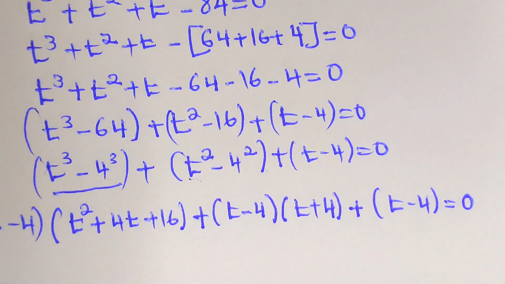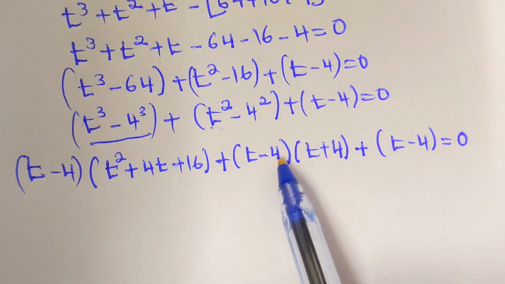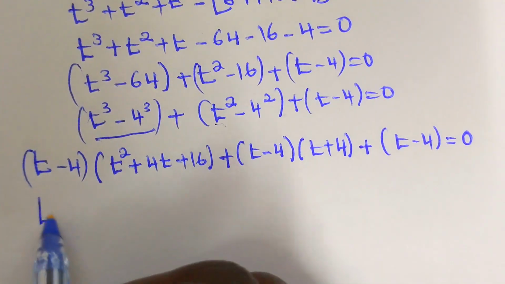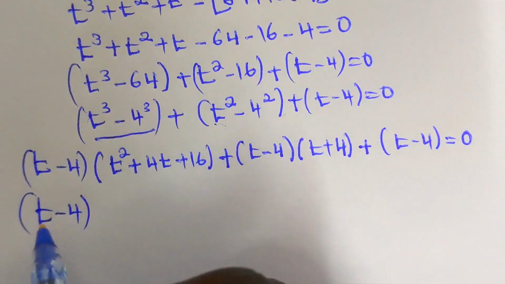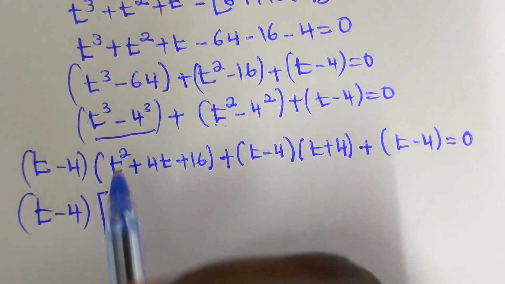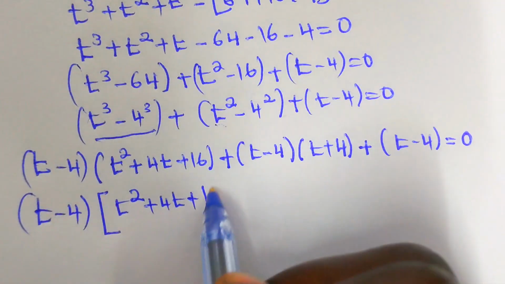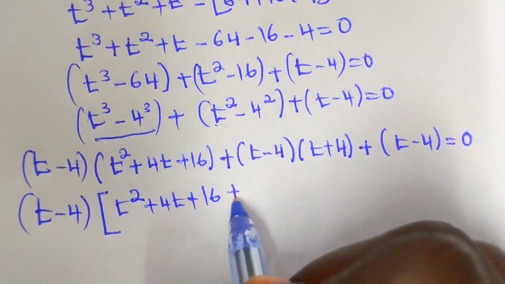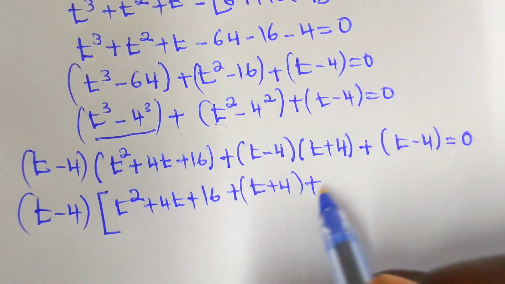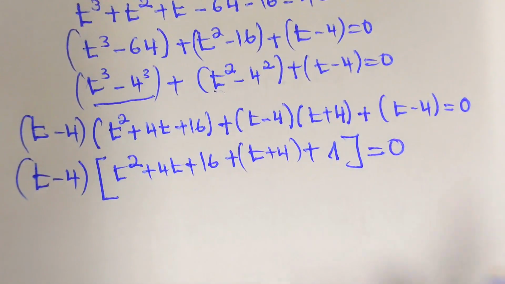Equals 0. At this stage, we have t - 4 as a common factor. We factorize to get (t - 4)[(t^2 + 4t + 16) + (t + 4) + 1] = 0.